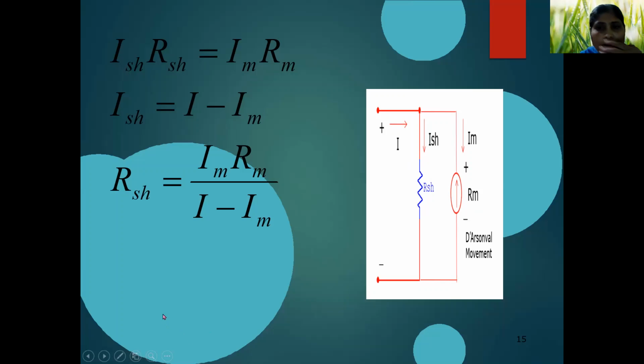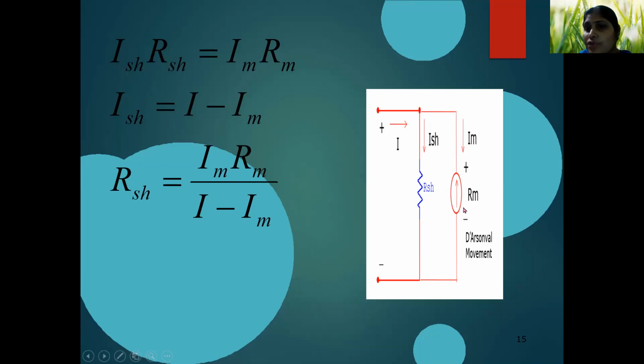The shunt resistance value can be calculated as follows. The voltage drop across this meter is equal to IM into RM, since V equals IR, where I is IM and R is RM here.